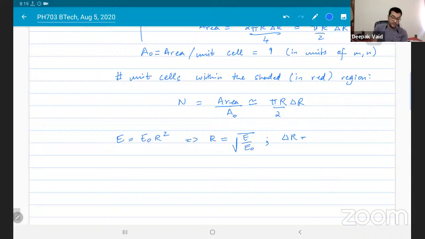And what is delta R? Delta R will be 1 by 2 root E naught times root E times delta E, right? Just using the derivative dR by dE.